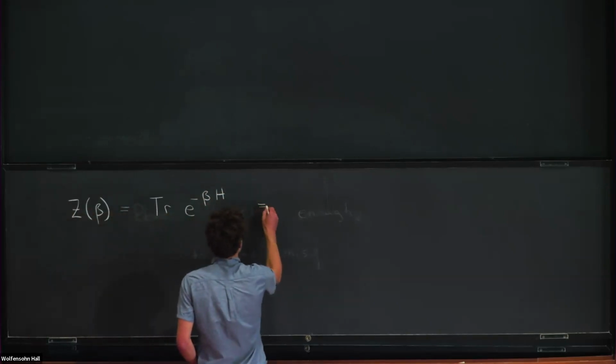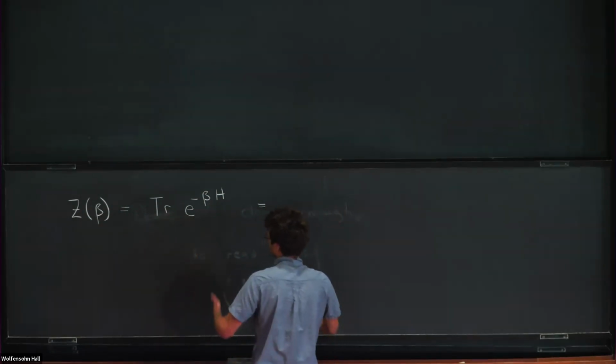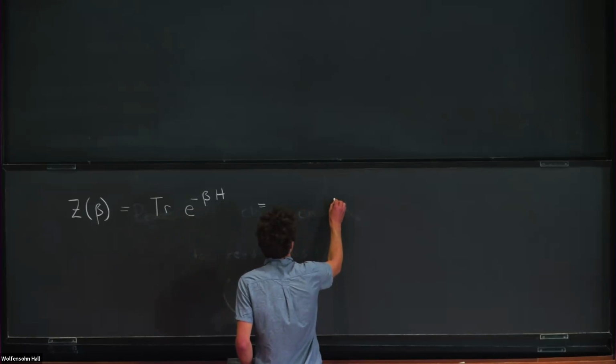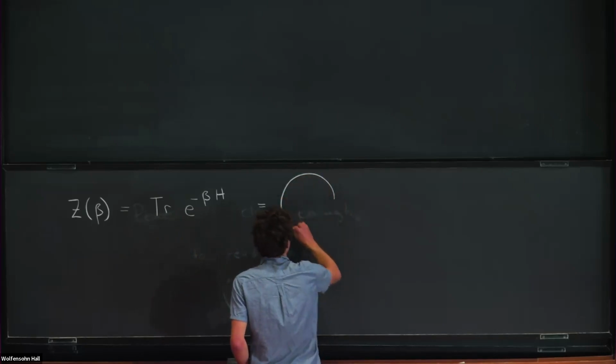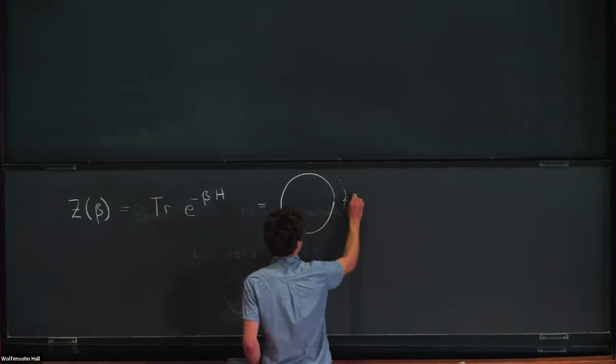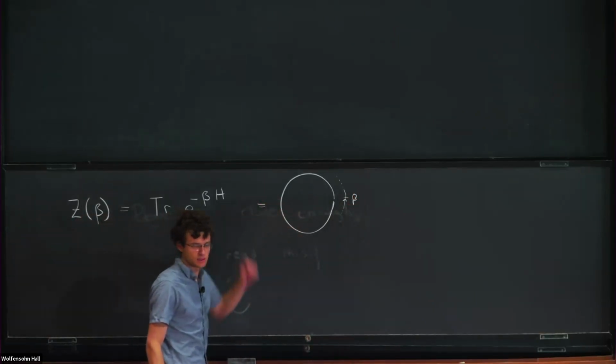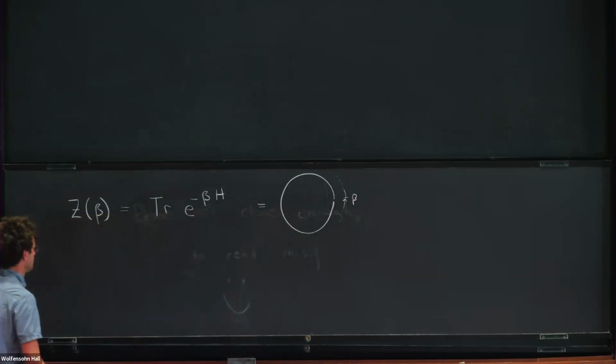And to compute this thing, we'll think about putting our quantum mechanical system or quantum field theory on a manifold where the time direction is a circle of circumference beta. So the thermal partition function is associated to this circle of circumference beta.